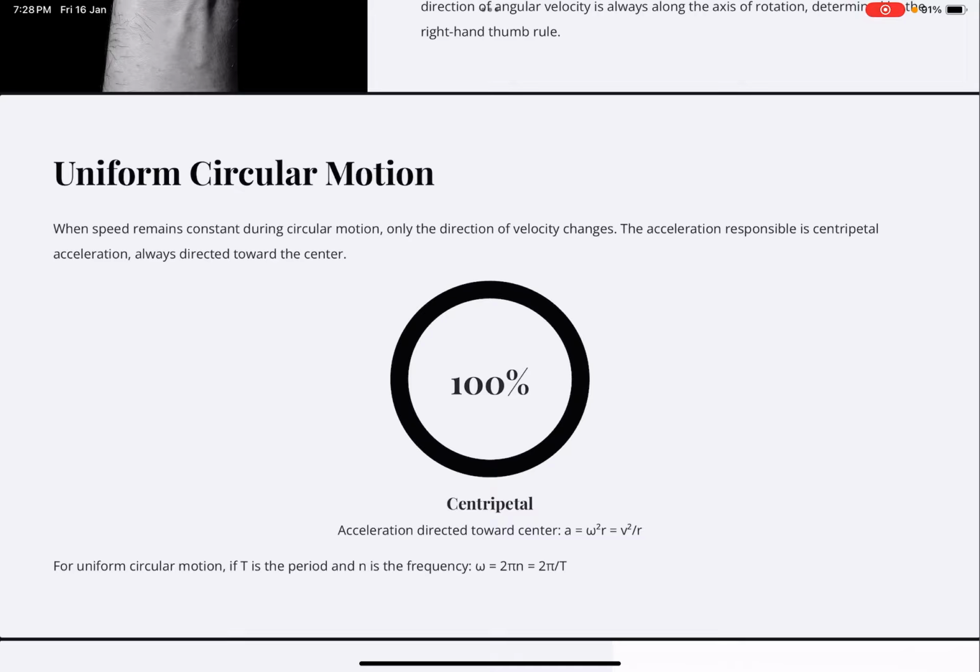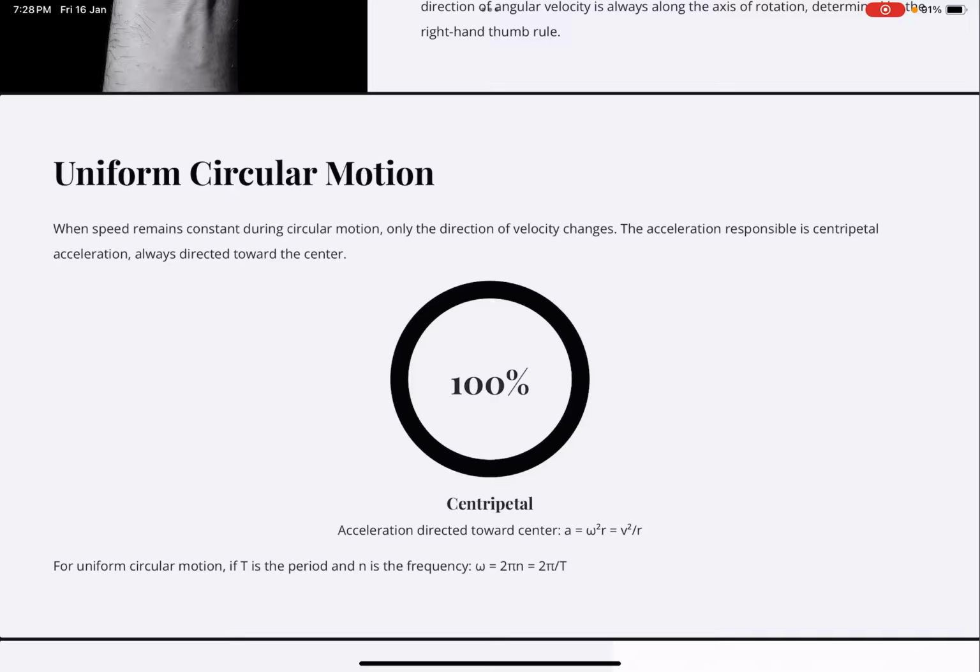The acceleration responsible is because of the change in direction, and it is the centripetal acceleration. Centripetal acceleration means the acceleration is always directed towards the center, and its formula is a equals v square by r, where v is the velocity, or it is omega square r, where omega is the angular velocity.